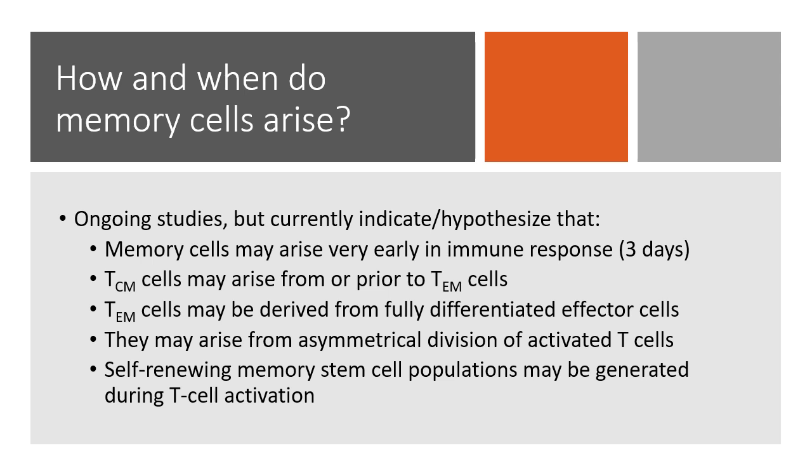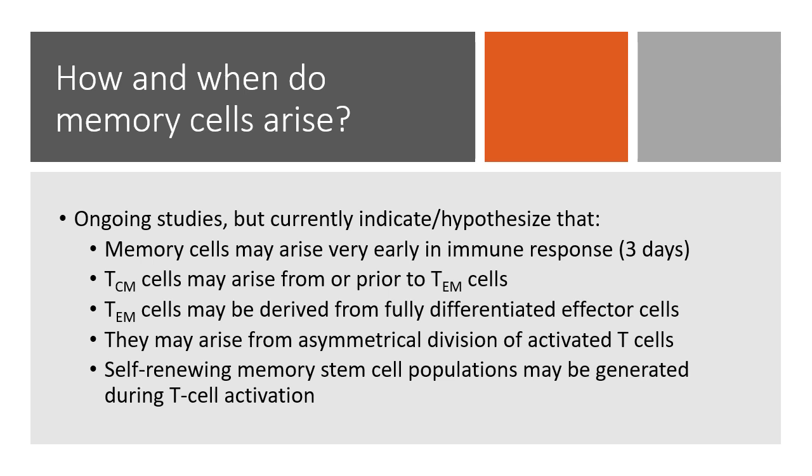And then we actually think that there's a progression in terms of the phenotype of these cells. So you start off with TSCMs, the stem cell memory T cells. These mature into TCMs, the central memory T cells. But it's not entirely clear.